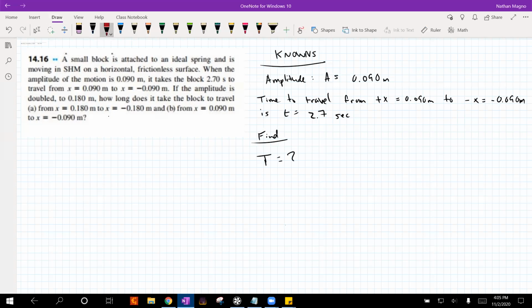Okay, so has anyone thought of how you can figure out part A?